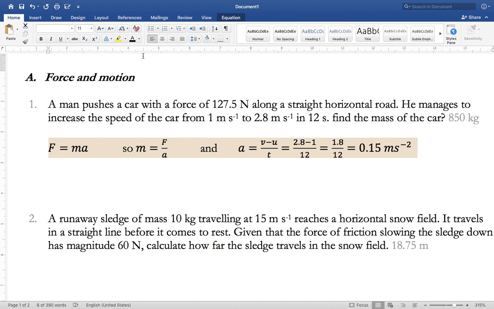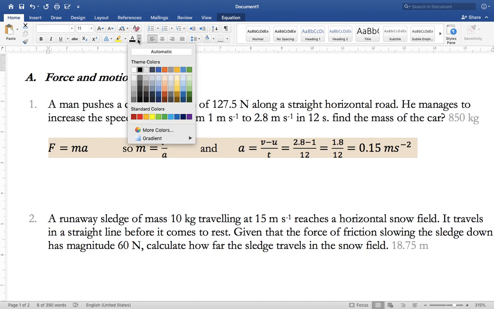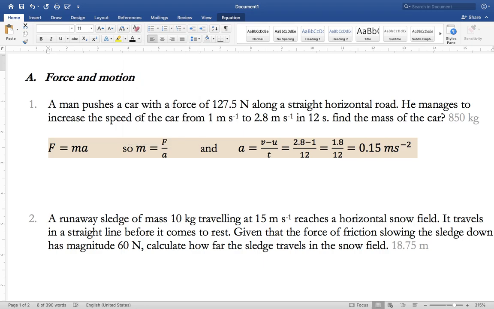We use the formula of Newton's second law, that force equals to ma, mass times acceleration. So m equals F divided by a.